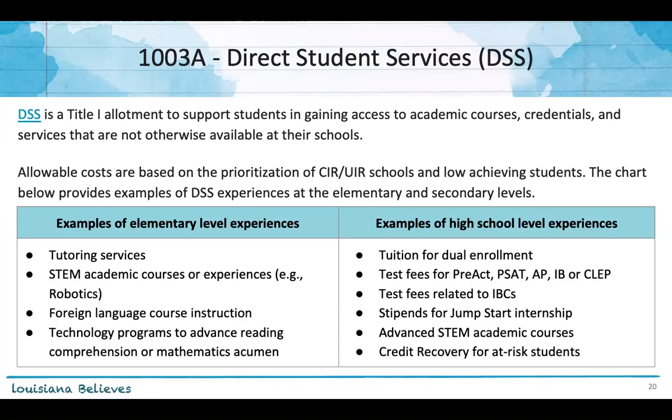Examples at the high school level may include tuition for dual enrollment, test fees for pre-ACT, PSAT, AP, IB, or CLEP. I know, lots of acronyms there. Test fees related to industry-based certifications, stipends for Jumpstart internship, advanced STEM academic courses, and credit recovery.